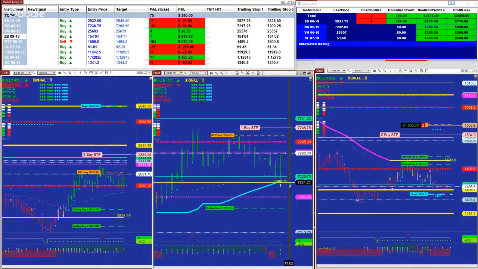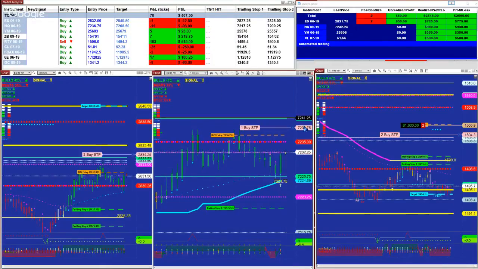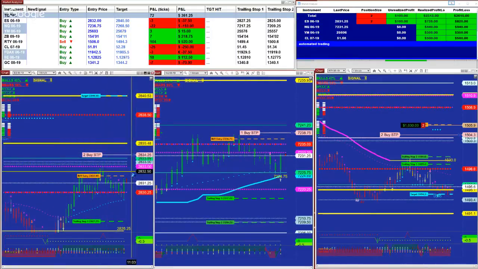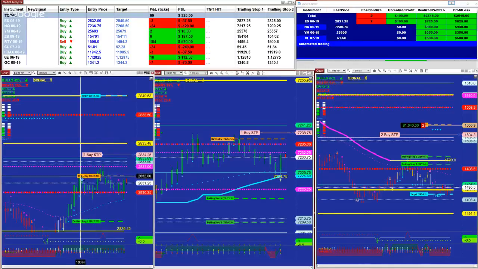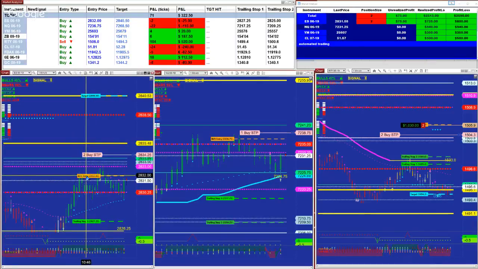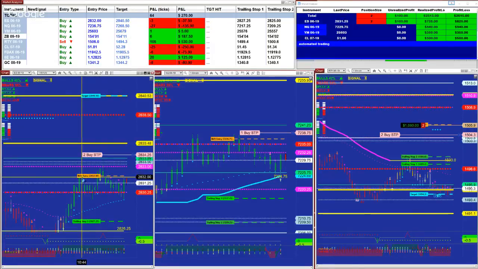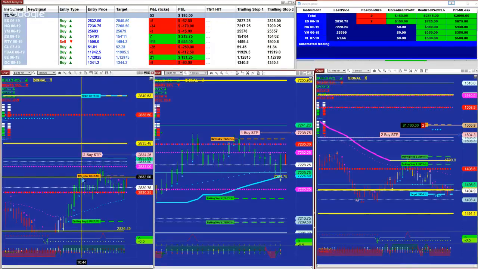So let's see now if this ES, and another thing also, Franco, you can see the entry point here, and you can see how many times the ES comes into this exact number. So we are not trading blindly, we are trading the math. We are doing the calculation, but we are managing the trade. Combine those two together.